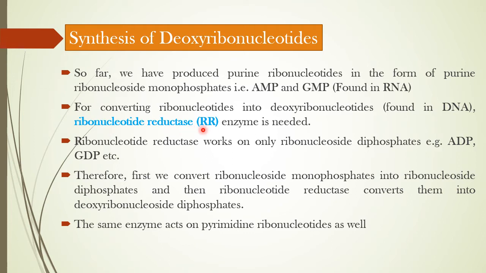This enzyme is crucial for making deoxyribonucleotides from ribonucleotides. But there is one condition for ribonucleotide reductase to work. It can only work when ribonucleotides are present in ribonucleoside diphosphate form. For example, adenosine diphosphate and guanosine diphosphate and others.